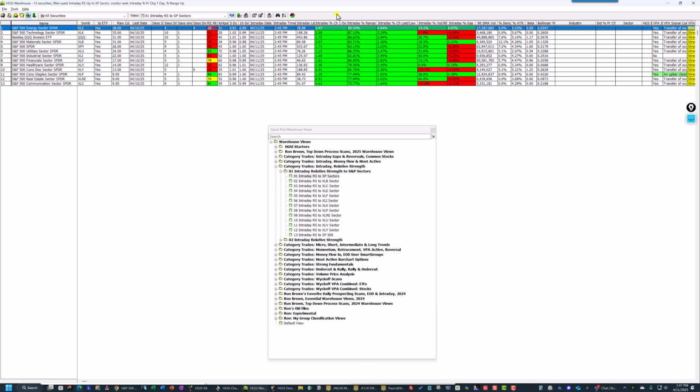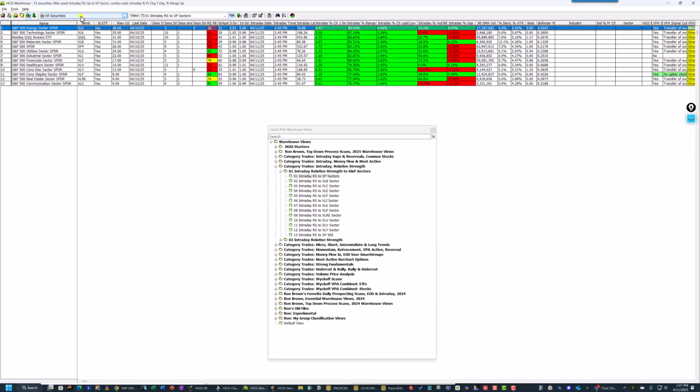It looks like the 10-year bond yield was up to around 455, and then it started dropping. When it started dropping, the market started rallying, and it's quite strong right now.